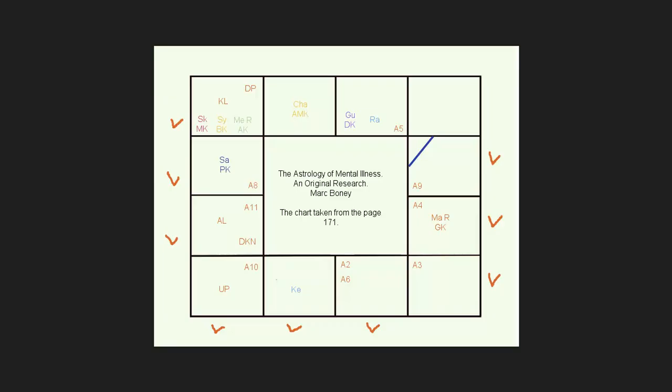Then we're going to the 10th house, falling in the sign of Mesha or Aries, and we've got Chandra, or the Moon, playing the role of Amatya Karaka, as per Jaimini Astrology. Then we're moving to the 11th house.